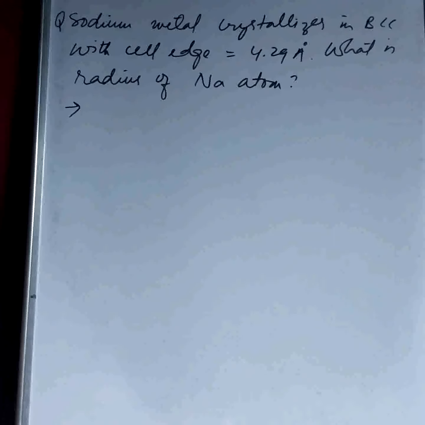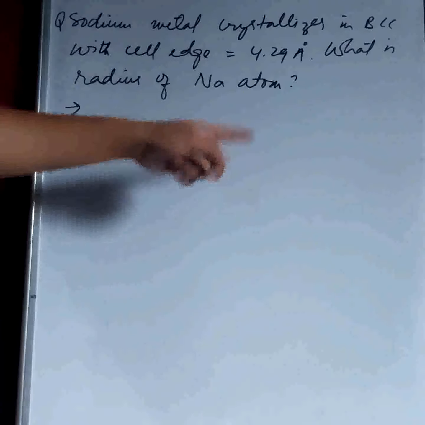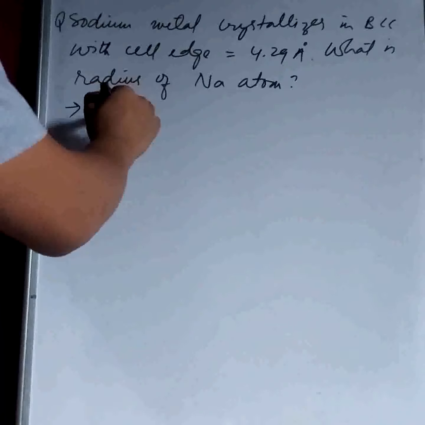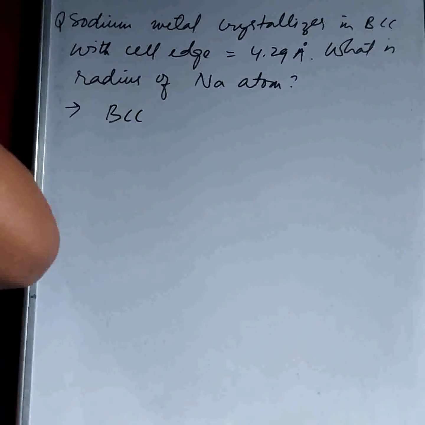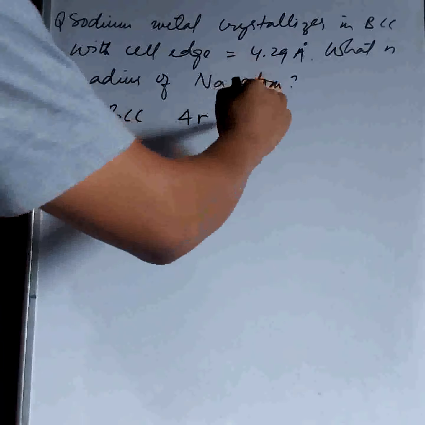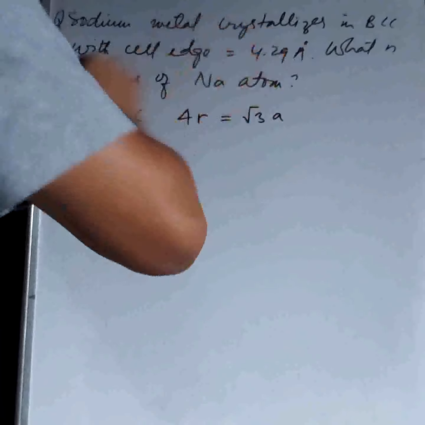So here is another question. Sodium metal crystallizes in a body centered cubic system, and they've given us the edge length. They're asking for the radius of the sodium atom. We know that for BCC, the body diagonal gives 4r equal to root 3 a.